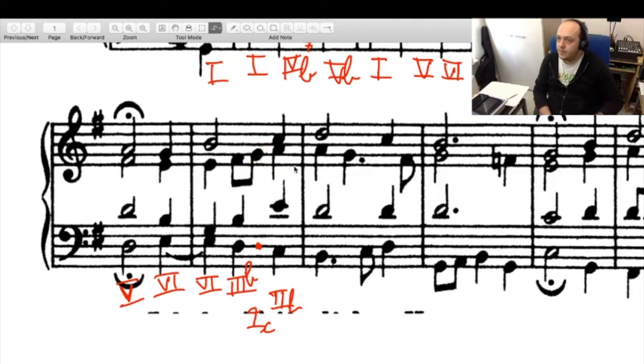But it fills the gap of a third. But I wouldn't call it a passing note, because a passing note is a non-chord tone, isn't it? Anyway, on the second quaver of B2, chord 1 in second inversion. And on the last beat, I have chord 2 in first inversion.